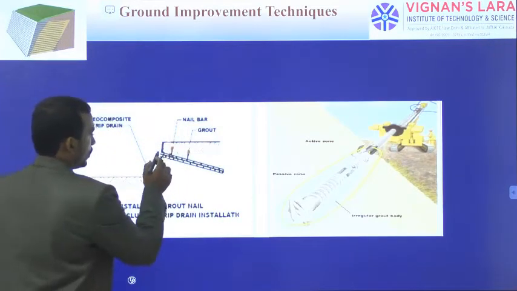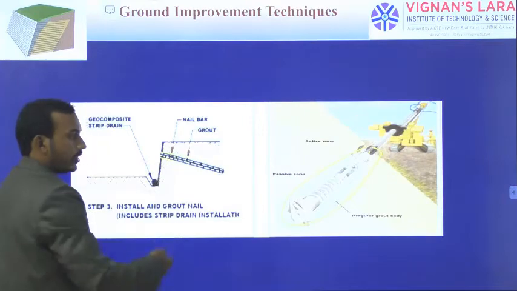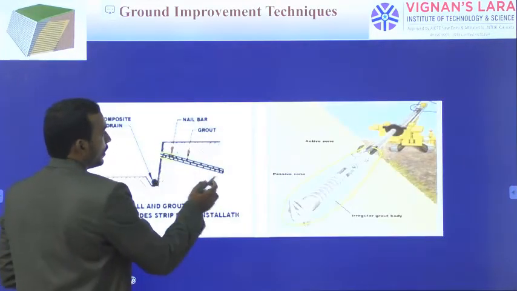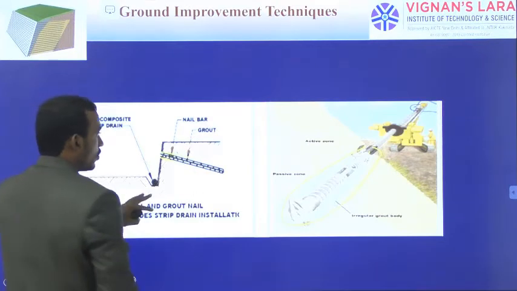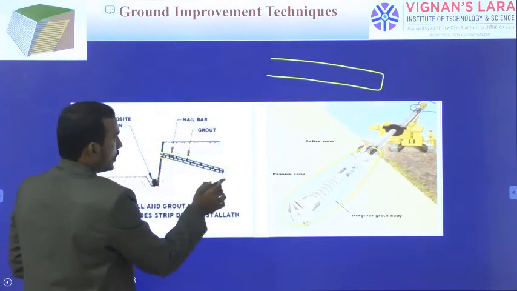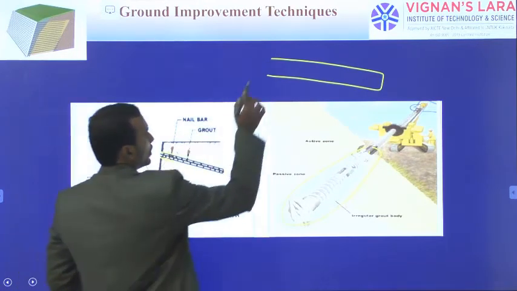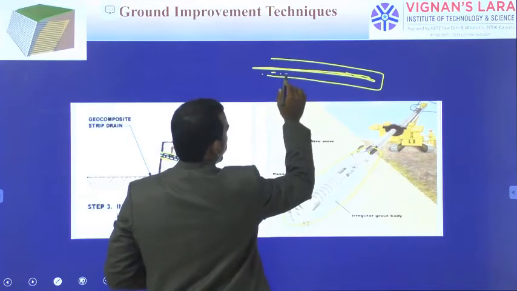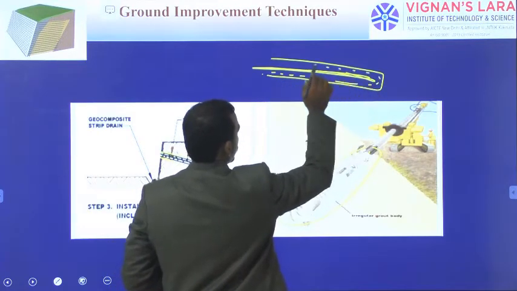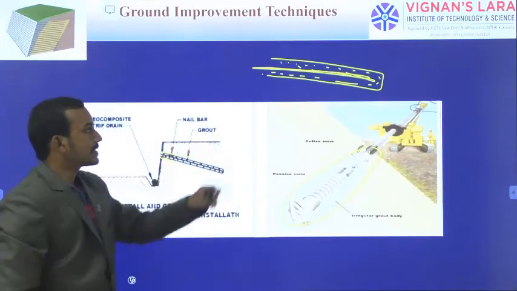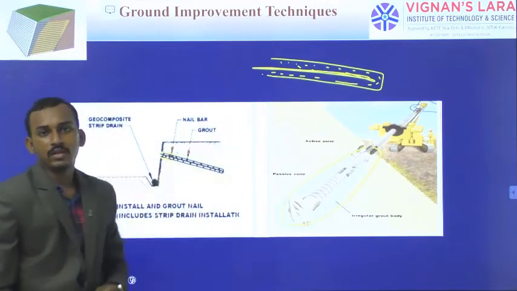And see here also. After you drill, that means after you have made a hole, you have to insert the nail into it. Okay. So how it actually works is, see, this is the hole. So what we do is we place a nail, a steel member, and we grout all this place, such that there is proper bonding between the steel element and the surrounding soil.